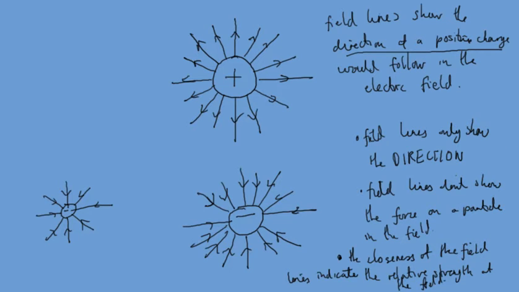charged particle present. So if we have, say, two positively charged particles of equal strength, and again the field lines are still showing the flow of a positive particle within the... actually no, we'll do a positive and a negative one to begin with.